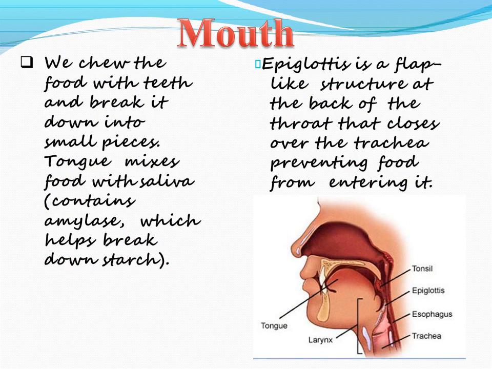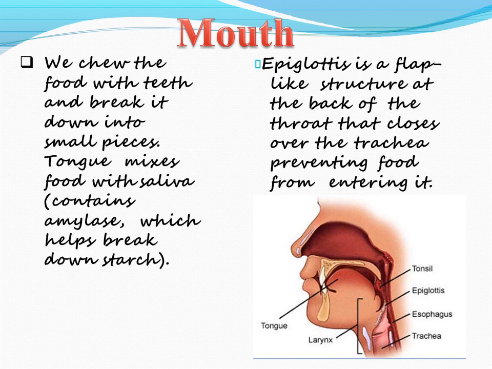The next major part involved in the digestive system is the mouth. We chew with the teeth in our mouth and break down all the complex substances into simple pieces. The tongue mixes the food with saliva and helps to move it further down to the esophagus.